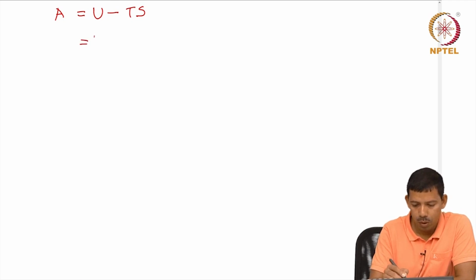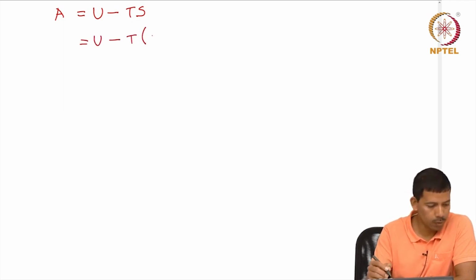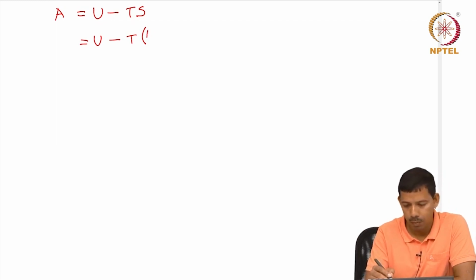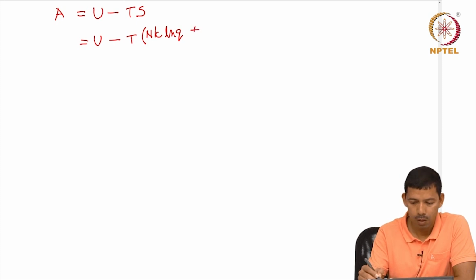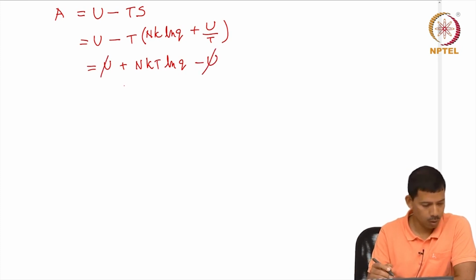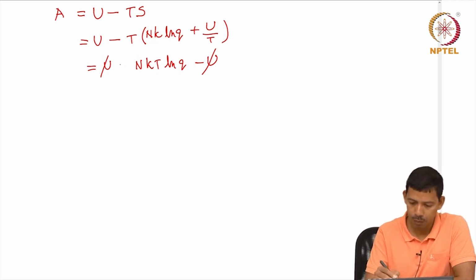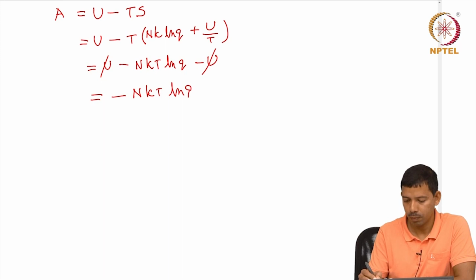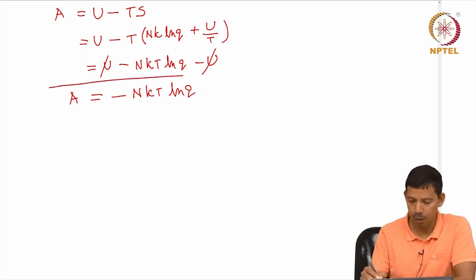U minus T and S we got from the previous slide: Nk ln Q plus U by T. If we simplify, we get U minus NkT ln Q minus U, so we got A equal to minus NkT ln Q. This is the expression relating Helmholtz free energy A with partition function Q.